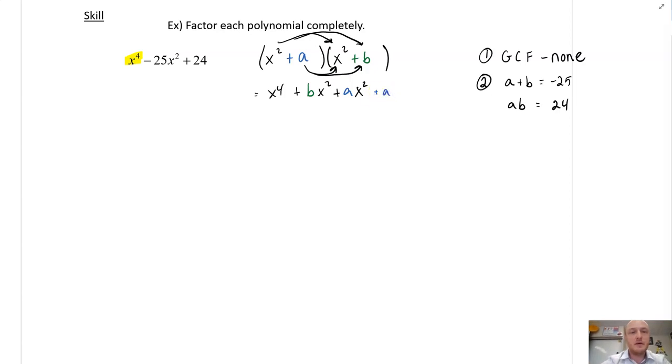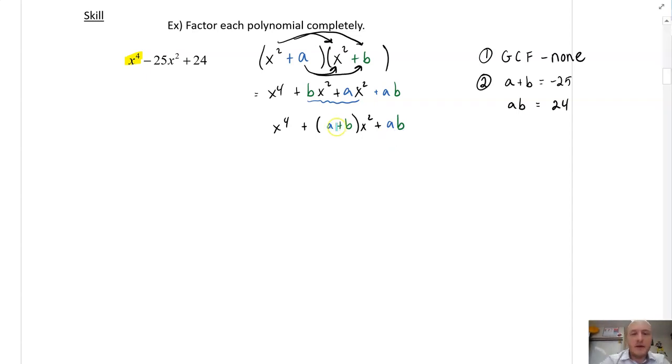If I simplify this, I get x to the fourth plus, combining these like terms, a plus b x squared, plus ab.